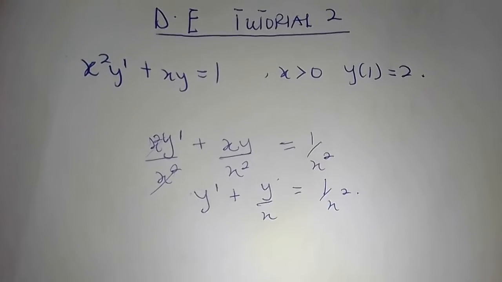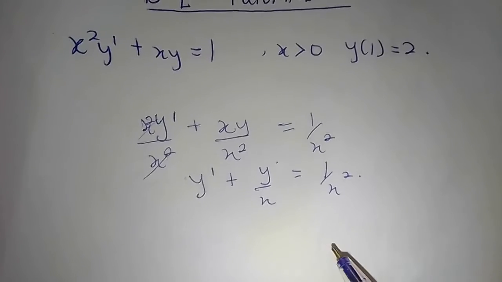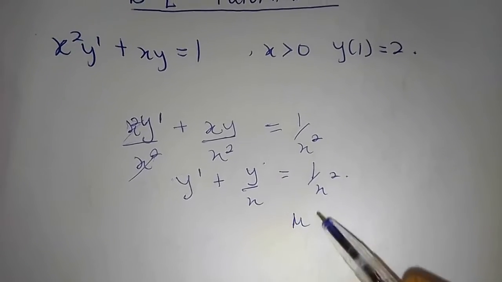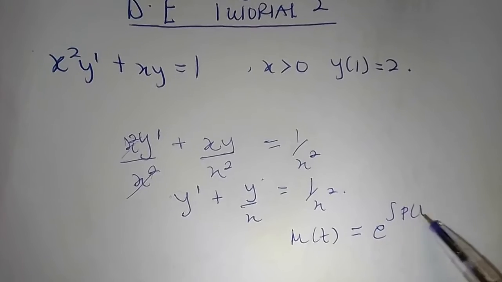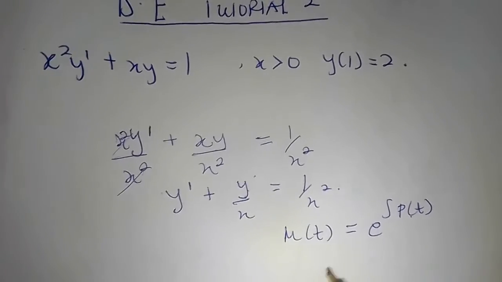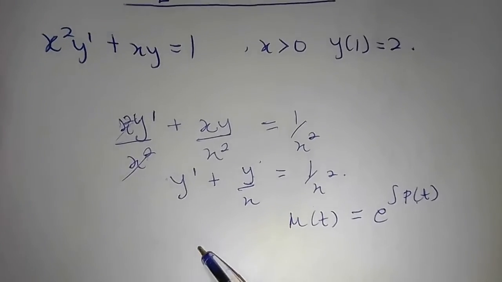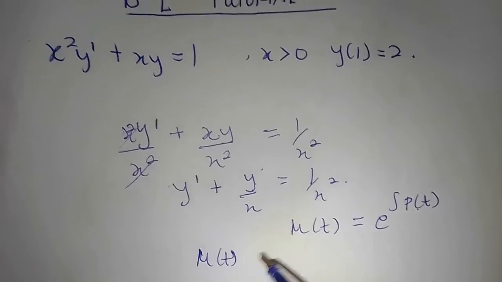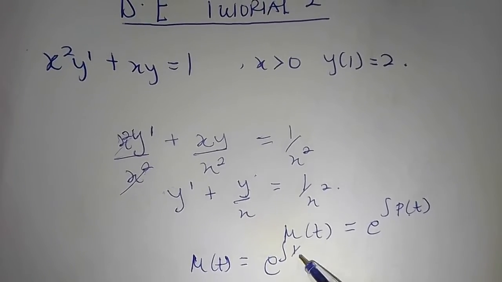The next thing to do is to find the integrating factor. The integrating factor, mu of t, is equal to e to the power integral of p of t, where p of t is the coefficient of y. In our problem, the coefficient of y is 1 over x. So mu of t is equal to e to the power integral of 1 over x.